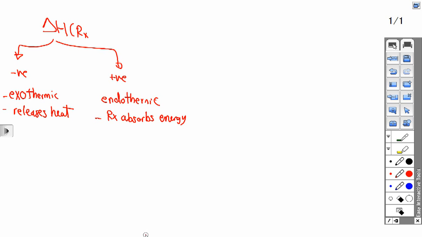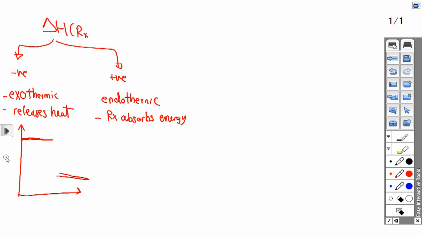Why does the exothermic reaction release heat and the endothermic reaction absorb heat? Or what is the difference between endothermic and exothermic? In the exothermic reaction, the reactants have energy, and the products have energy, right? In the exothermic reaction, the enthalpy of the reactant is greater than the enthalpy of the product.